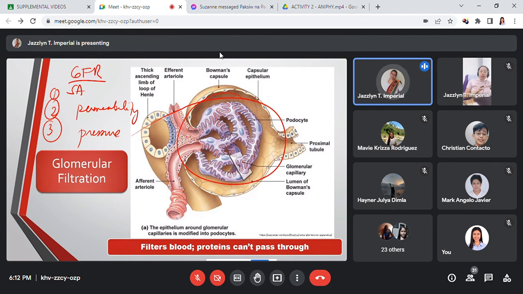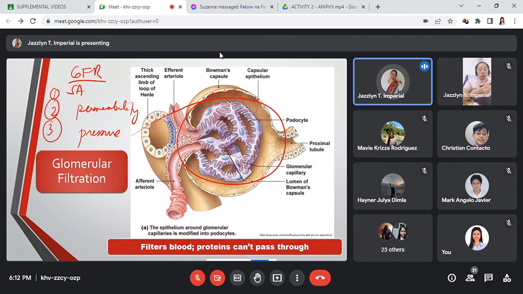So itong tatlo mostly affects the rate of filtration in your glomeruli. So in a healthy individual, usually po yung surface area and permeability, hindi po yan naaapektuhan. Of course, the pressure is affected syempre by the action of your blood circulation. Okay, yung how much pressure is exerted by the pump of the blood.